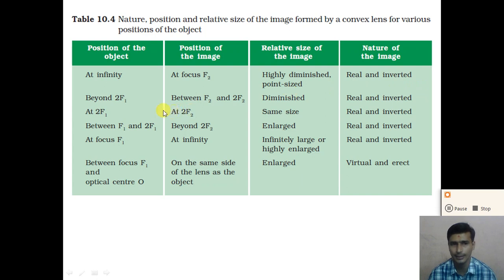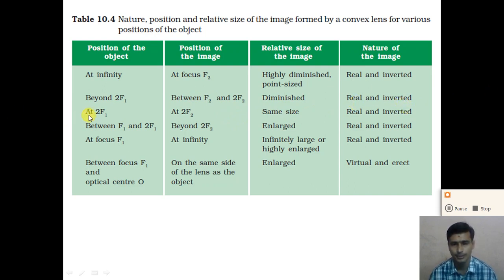What is the second case? When the object is placed beyond 2f1, that means beyond the center of curvature, the image will be formed on the other side of the lens between f2 and 2f2, and the size of the image is diminished, that means smaller than the object, and the nature of the image is real and inverted.